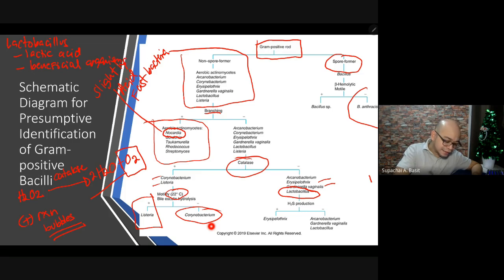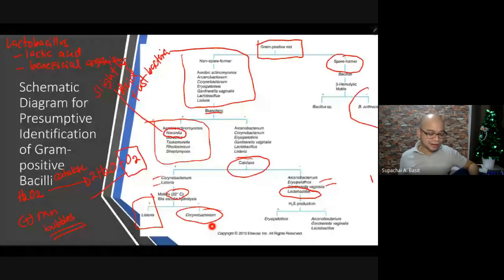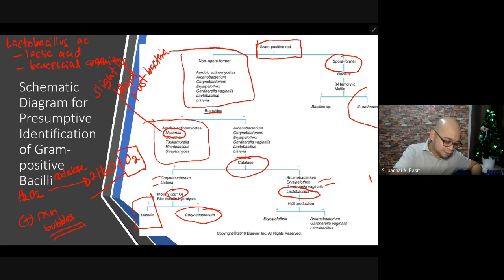In fact, one of the species of Lactobacillus is Lactobacillus acidophilus, which is also known as the Doderlein's bacillus, and they are an important vaginal flora.